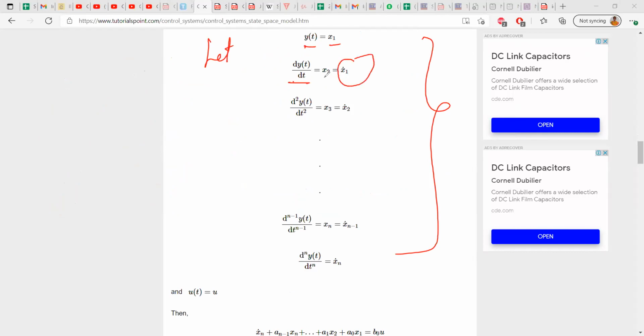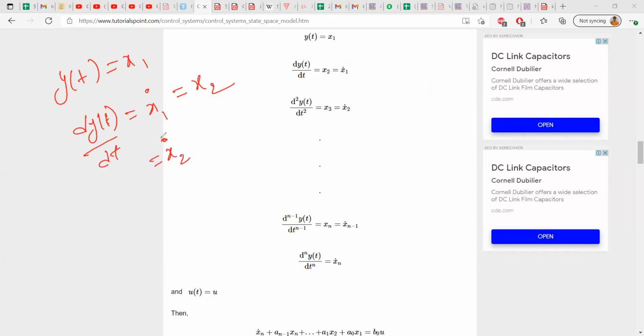These steps are very important while solving the problems. So first, let y of t equal to x1. So what is dy by dt? Which is x1 dot, which is also considered as x2. And again differentiating this one, d square y by dt square, which is considered x3. x3 is nothing but x2 dot.